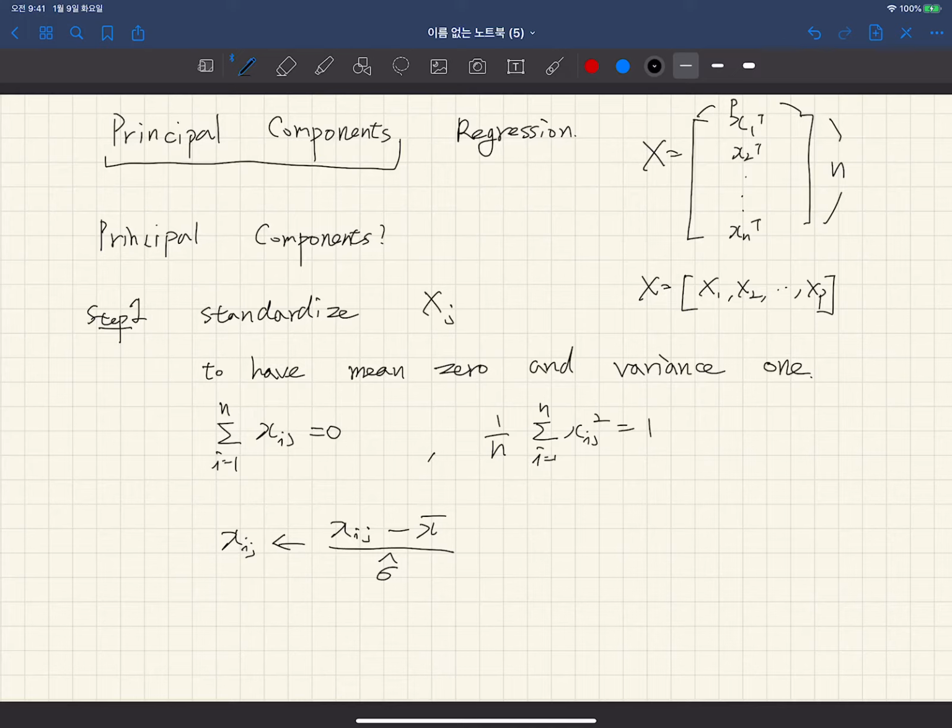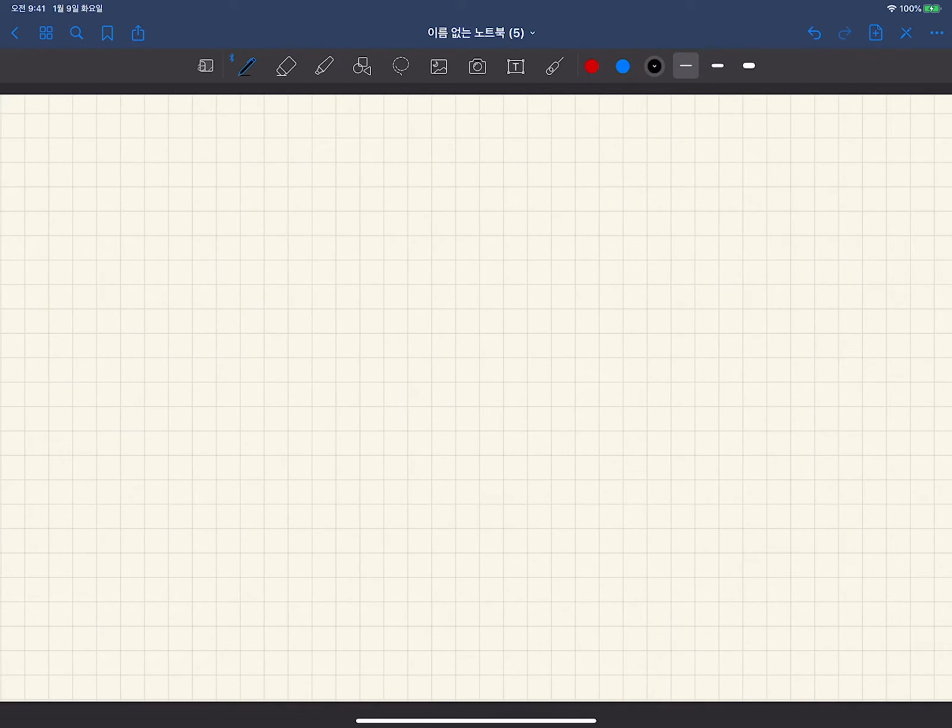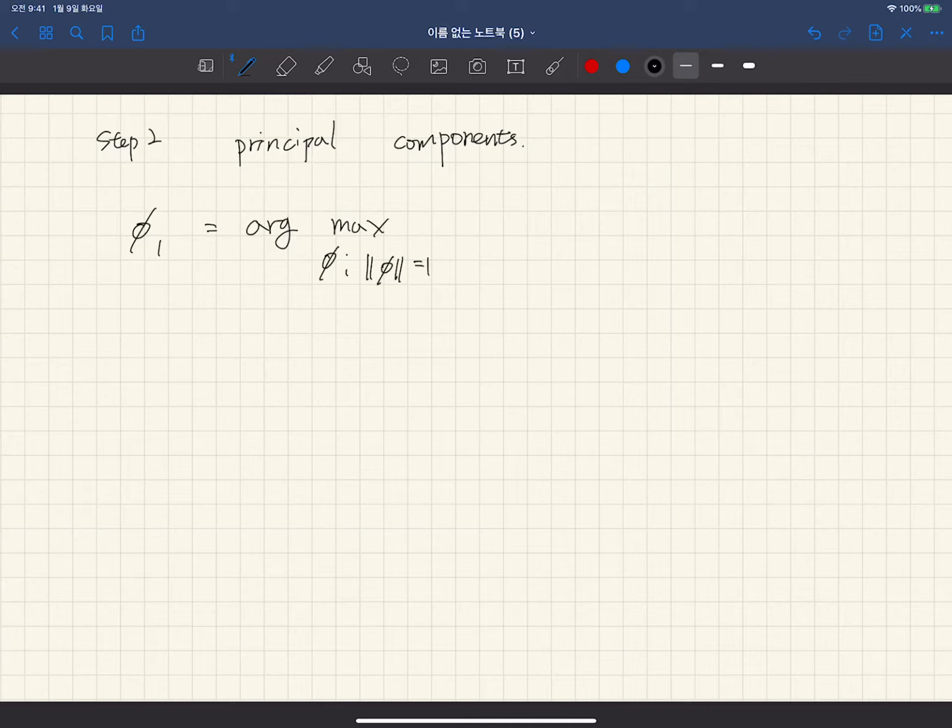Okay, and using the standardized columns, at the second step, we extract the principal component of your input matrix X. So what is principal component? The first principal component is argmax over pi, a vector such that the two-norm is equal to 1.